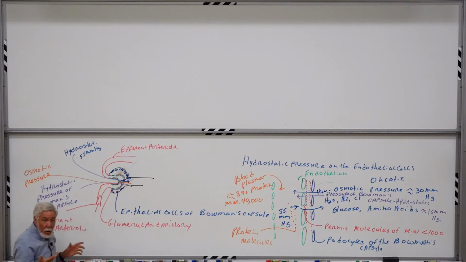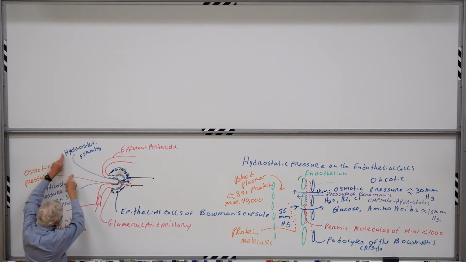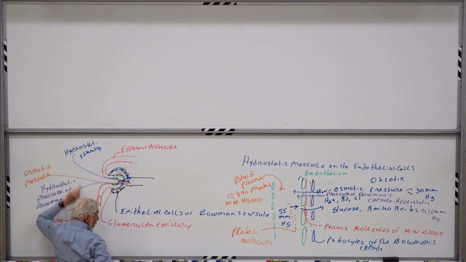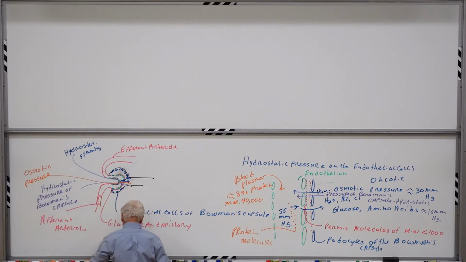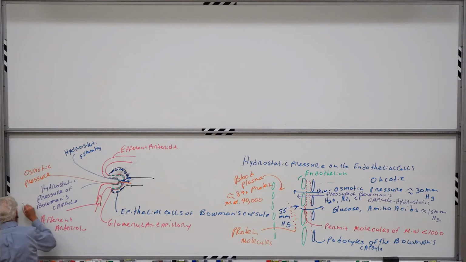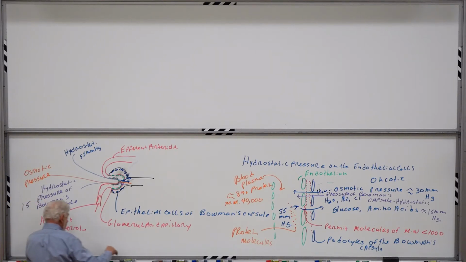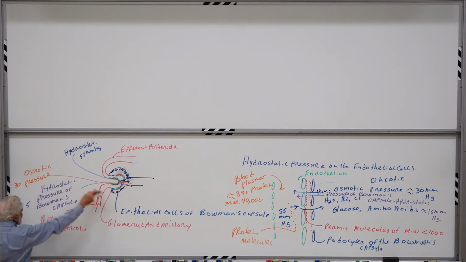Well, if we add all of these up, we have 55 hydrostatic, but we have the purple pressure being 15, and the orange pressure, or the osmotic pressure, being 30. These are in the same direction, so you add these two together, you get 45 millimeters of mercury.